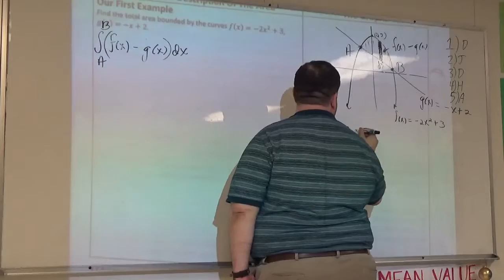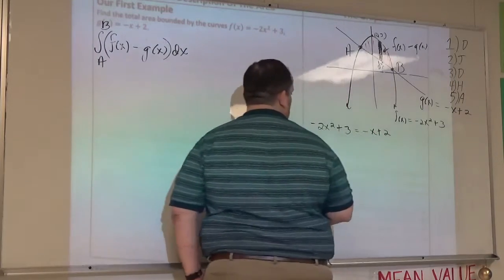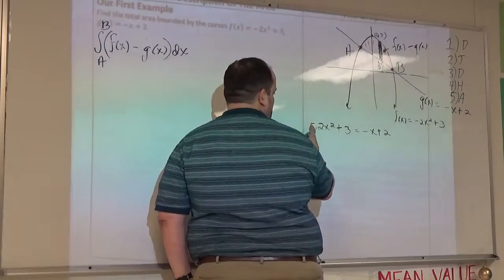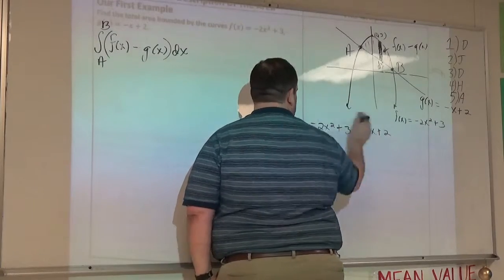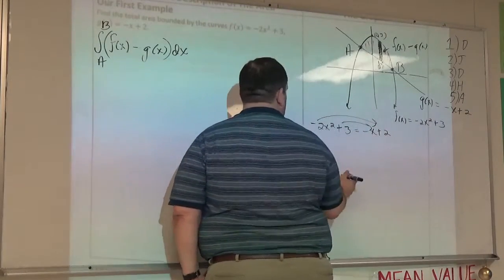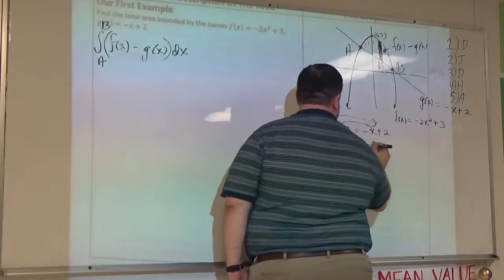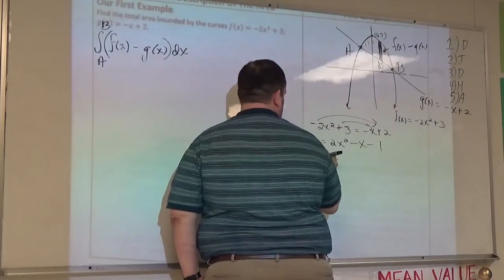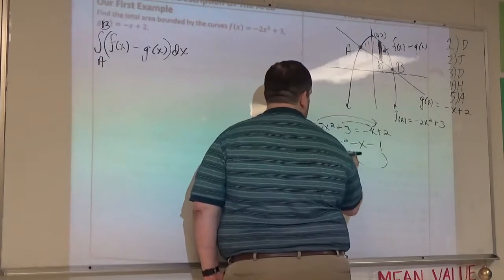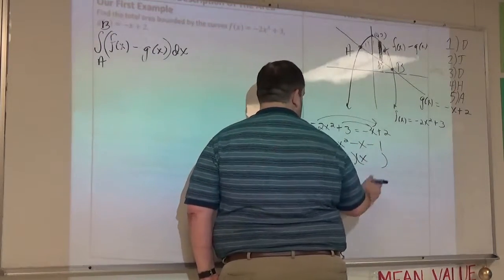Negative 2x squared plus 3 equals negative x plus 2. Let's see, it's quadratic. I like my quadratics to have a positive leading coefficient. So I'm going to move things there. 2x squared minus x minus 1. Depending on how you factor, maybe you factor this way.